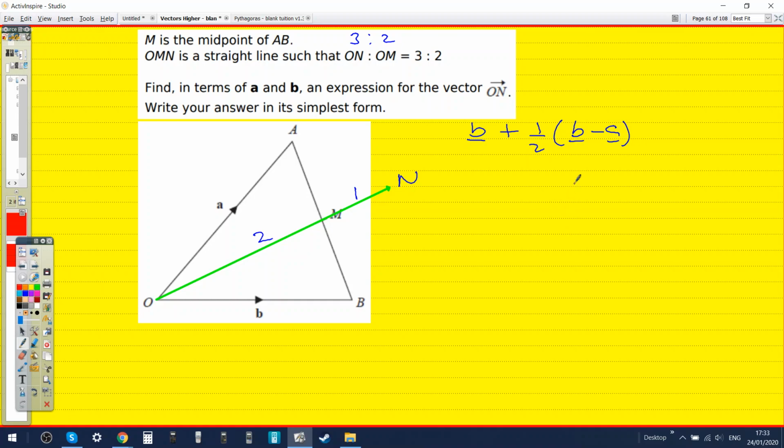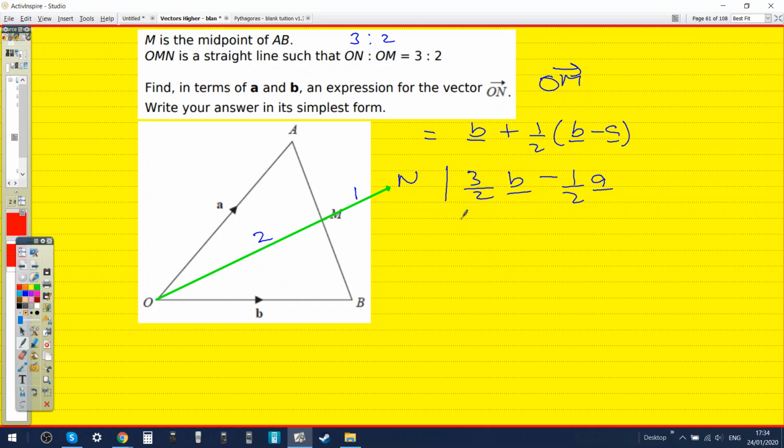Okay, so that is the vector O to M. And let's simplify it. A half of B plus a half of B minus half of A can give us B plus 1.5 B, I'm not sure. Okay, so that is O to M.